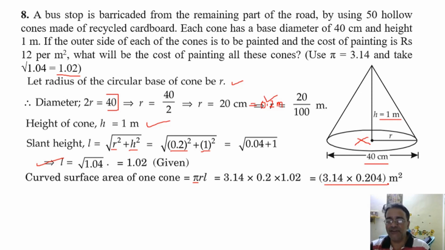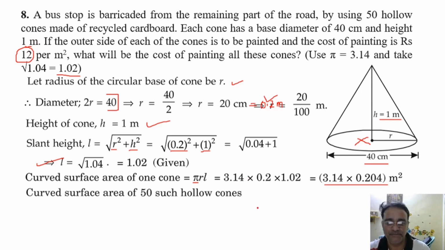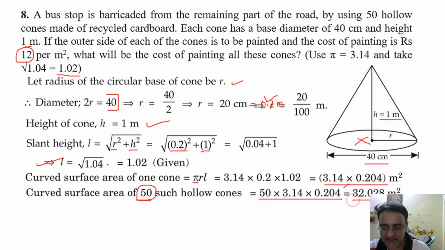Now cost of 1 meter square is given rupees 12. So how many such hollow cones are there? 50. So first we will multiply by 50. Right? So approximately we are getting 32.028 meter square.